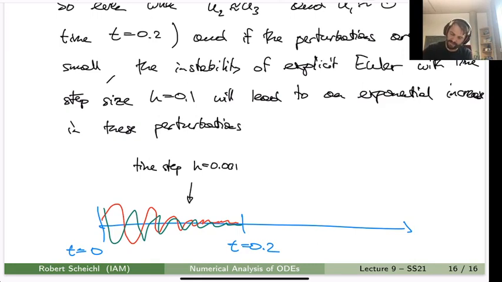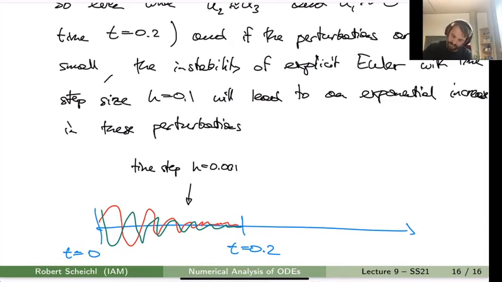So at this point, y1 will be only approximately equal to u1, which will be approximately equal to 0. Y2 will be approximately equal to u2, which will be approximately equal to u3, and thus to y3.